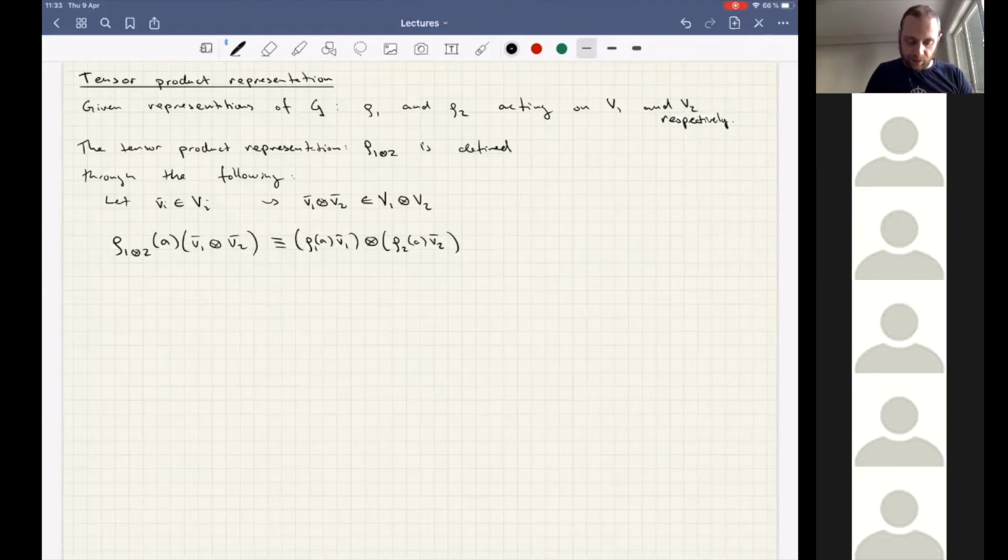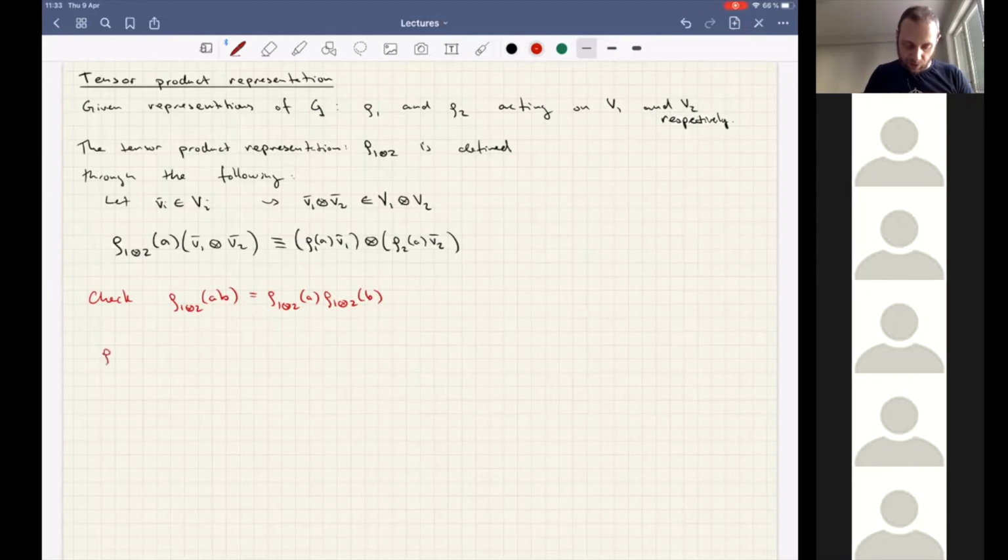So that means that we need to check now that rho 1 tensor rho 2 of AB should be the same thing as rho 1 tensor rho 2 of A times rho 1 tensor rho 2 of B.